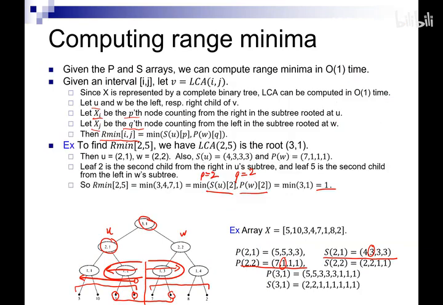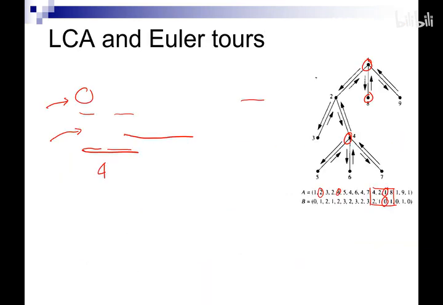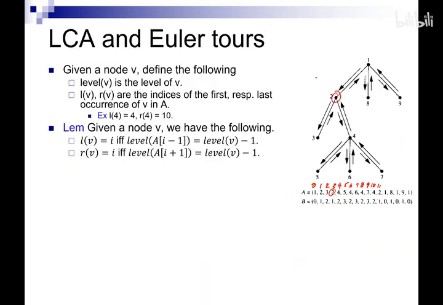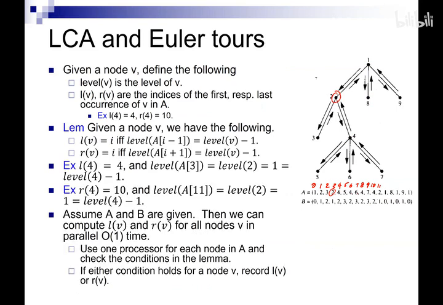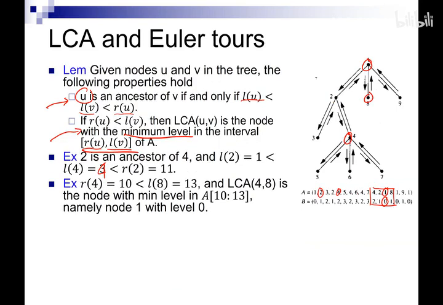So we have to go back quite far, but if you can compute the range minima, then you can apply the second part of this, and that will allow you to compute the LCA of nodes in an arbitrary tree.